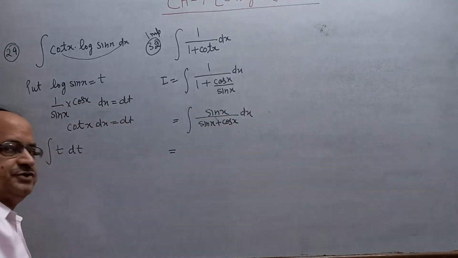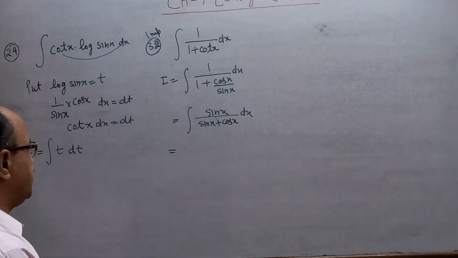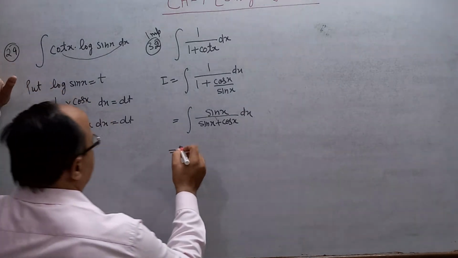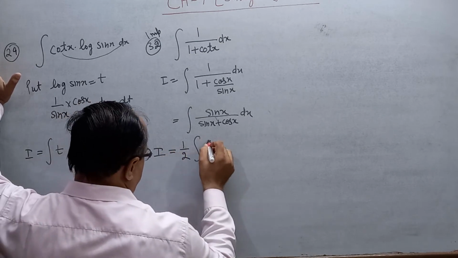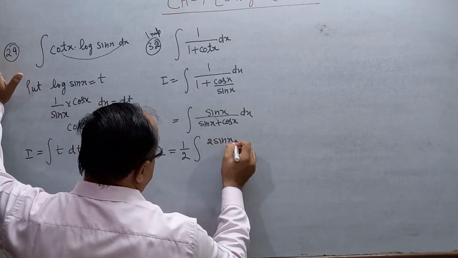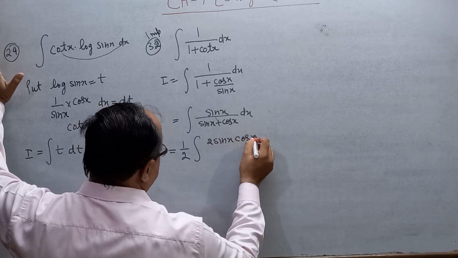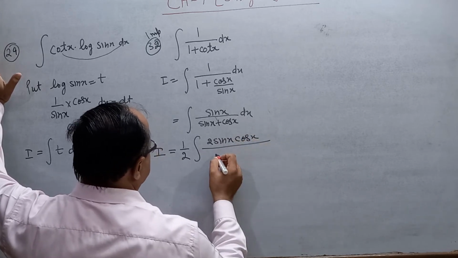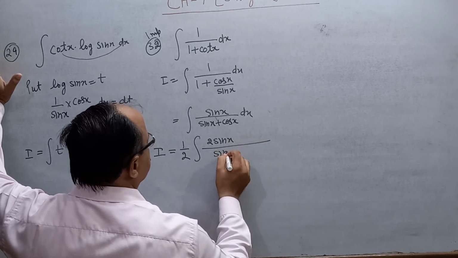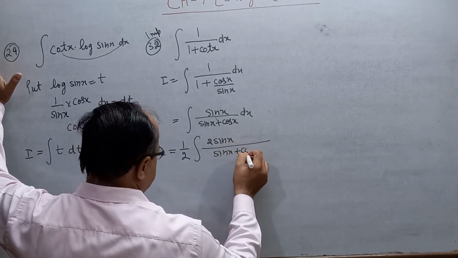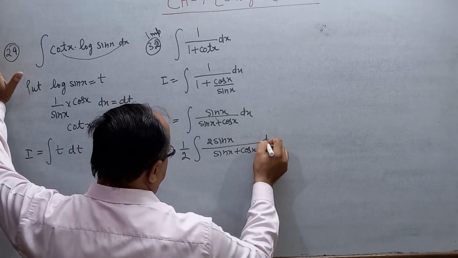Now there is a trick in this question: multiply and divide by 2. That gives 2 sin x cos x upon 2 (sin x plus cos x) dx.